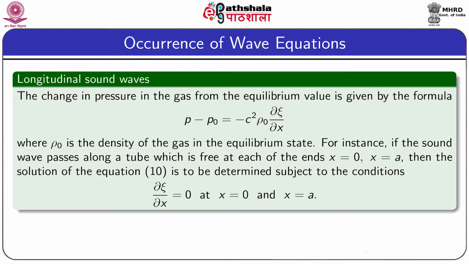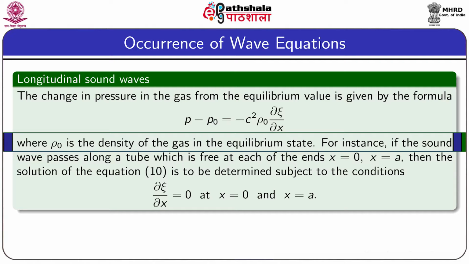Now, in this problem, the change in pressure can be written by the formula P minus P0, where P0 is the value of the pressure in the equilibrium state, equal to minus c square rho 0 del xi del x, where rho 0 is the density of the gas in the equilibrium state.